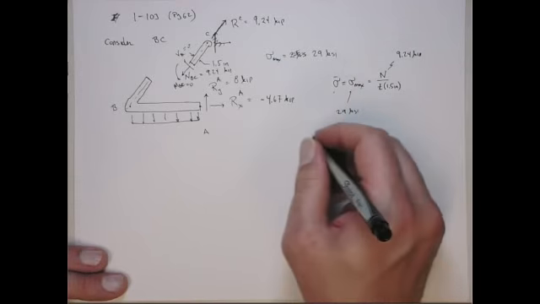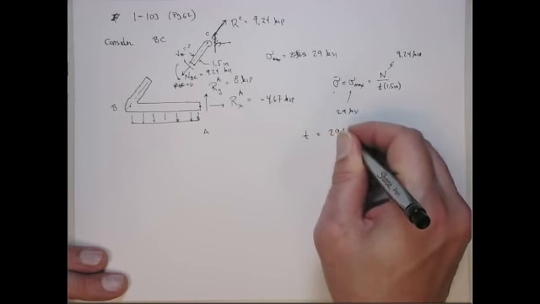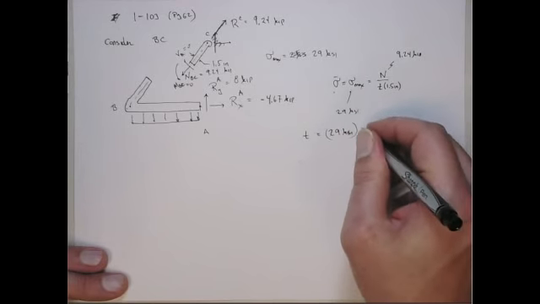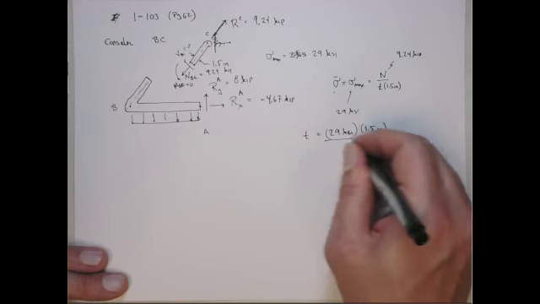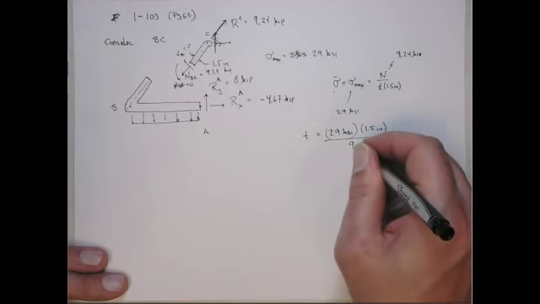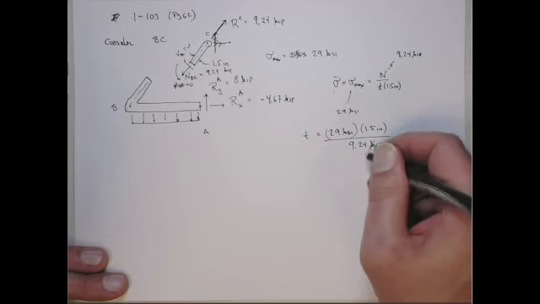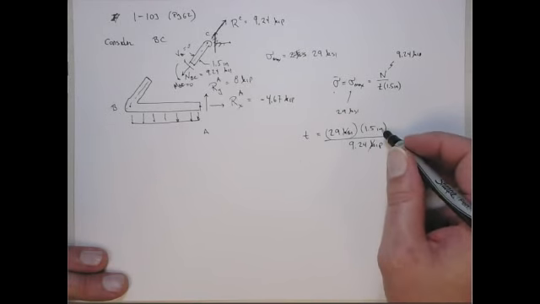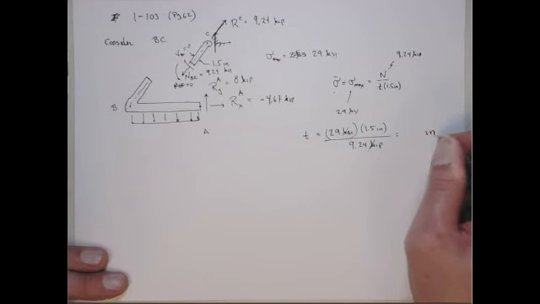So we can solve for T. T equals 29 KSI times 1.5 inches divided by 9.24 thousand pounds. So the K's cancel out, the pounds cancel with the pounds, the inch here will cancel with the inch squared here, and this will give me units of inches.